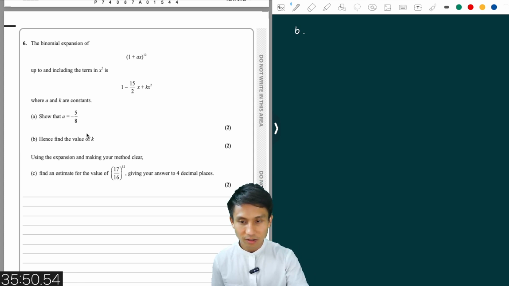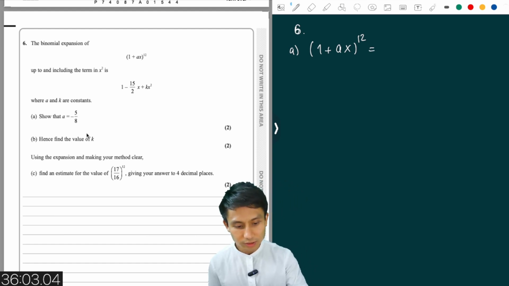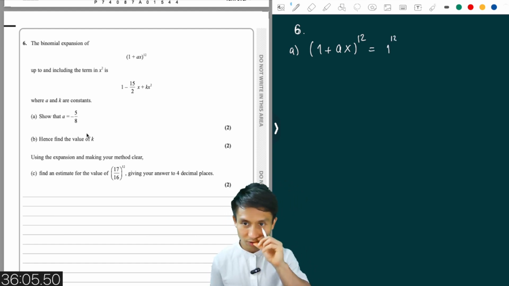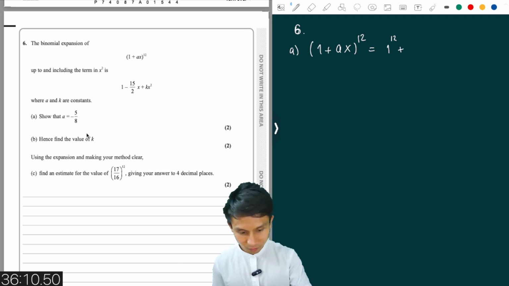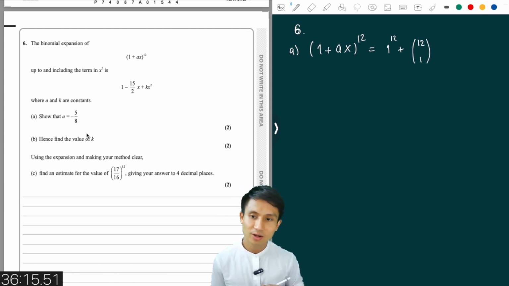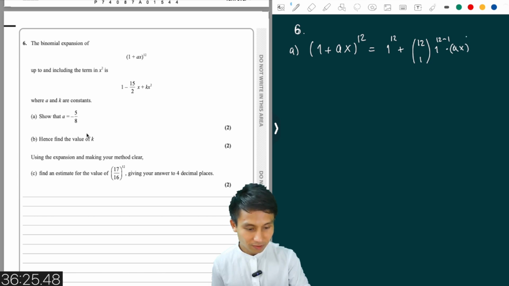Just writing down first, that's part A. It's just the first term to the power of n, which is 12 here, plus the second term, which is 12c1, and 1 to the power of 12 minus 1 times ax to the power of 1.